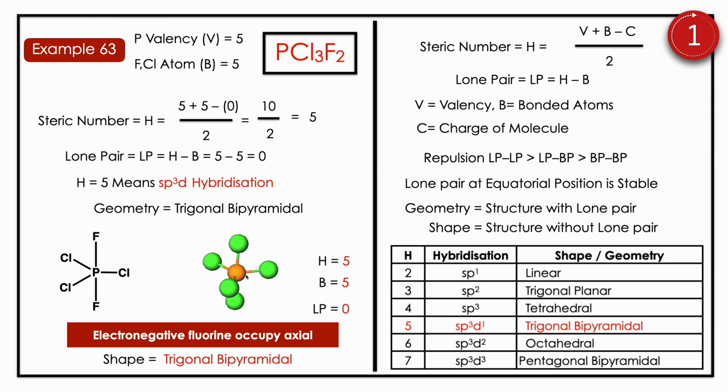Since there is no lone pair, shape and geometry will be the same. So shape is trigonal bipyramidal. But the problem is whether the fluorine comes axial or equatorial. Fluorine always comes axial, since it is electronegative. So this is a very important fact you should memorize. So the shape of PCl3F2 is trigonal bipyramidal with fluorine at the axial position.